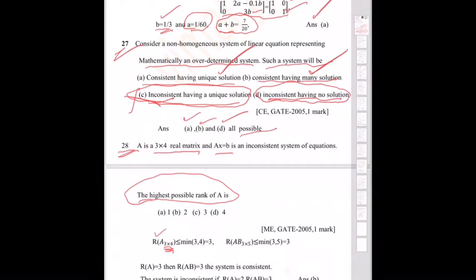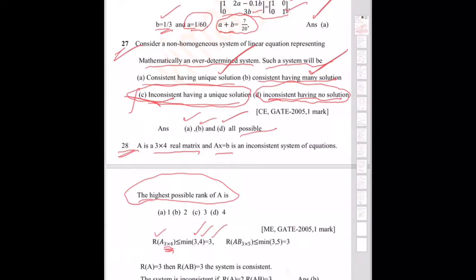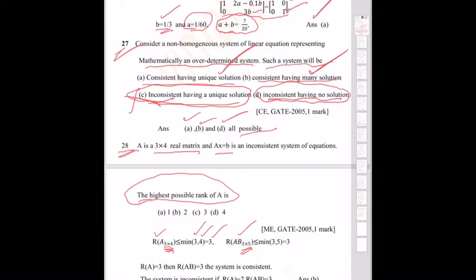Then rank of A less than or equal to minimum of 3 and 4, minimum of rows and columns. That is rank of A less than or equal to 3. And rank of AB, A is 3 by 4, and AB equal to a 3 by 5 matrix. An additional column is added. And rank of AB less than or equal to rows and columns. That is rank of AB less than or equal to 3.